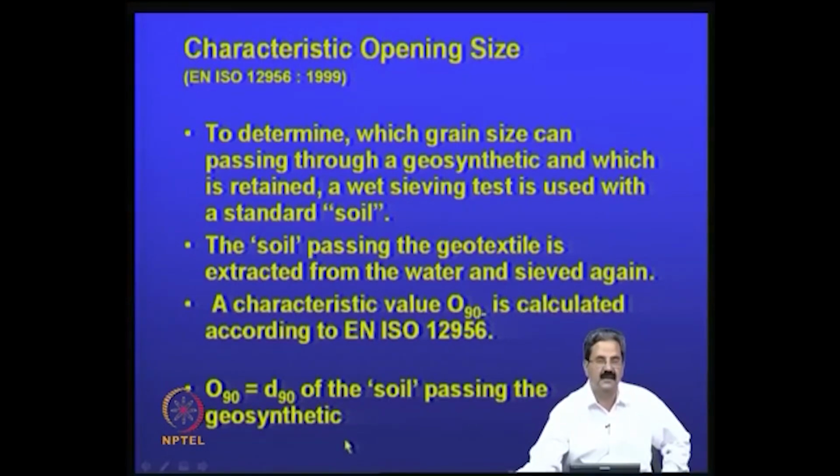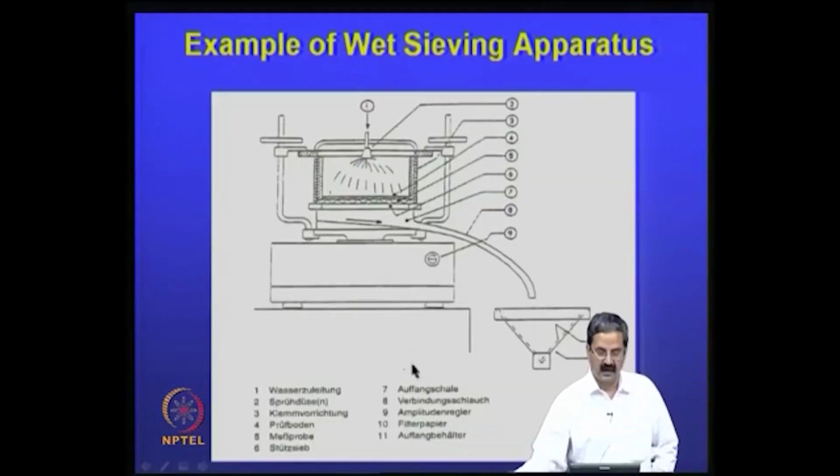It is very clear that you may have a material which has some small size, it can be 0.01 only, but you try to do a proper analysis like this, and that becomes O90. Because this is very important to define the filtration criteria in geosynthetics, we will see that later. The way that test is done is like this, you just put water and try to calculate, and different sieves are there.